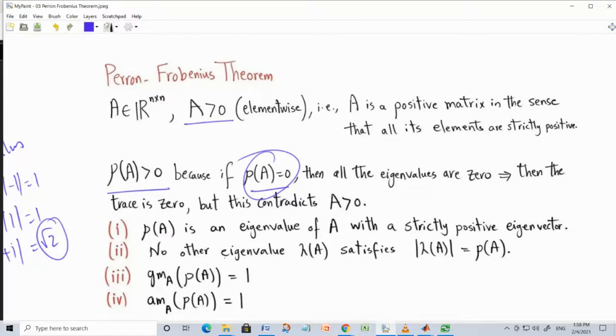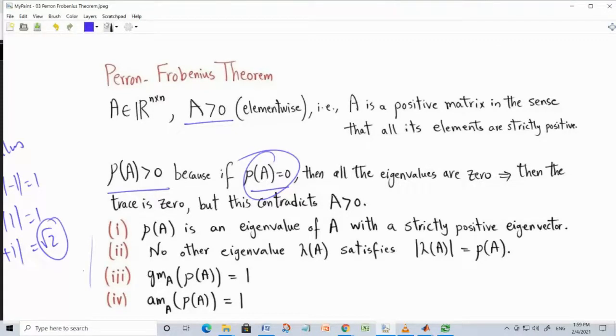So this theorem is very relevant to probability, to something like Markov chains. It's also useful in some of the power control problems in wireless communications. And when we study those other things, these properties will be very important.